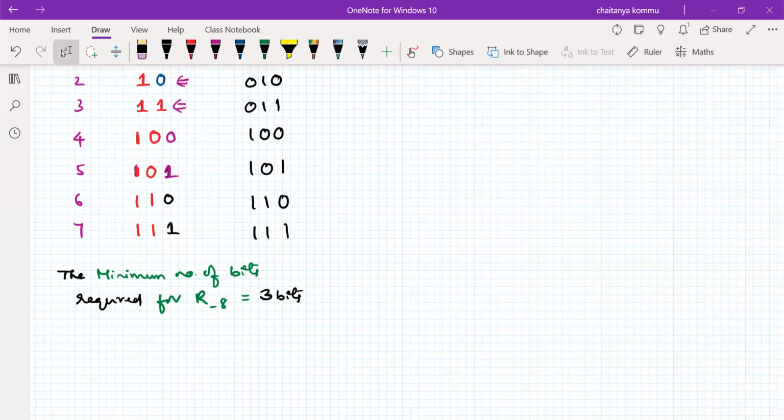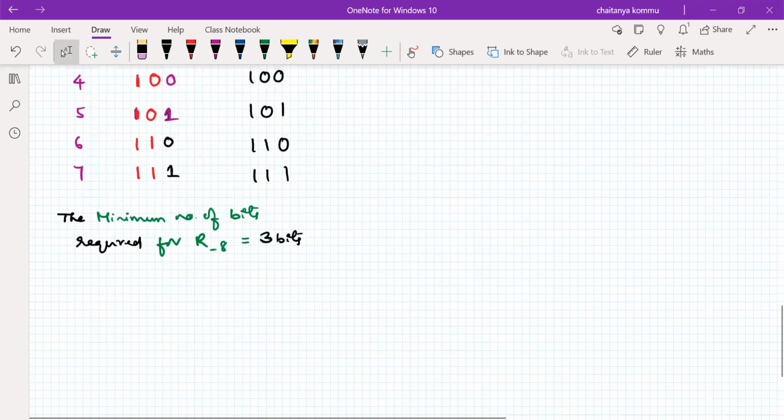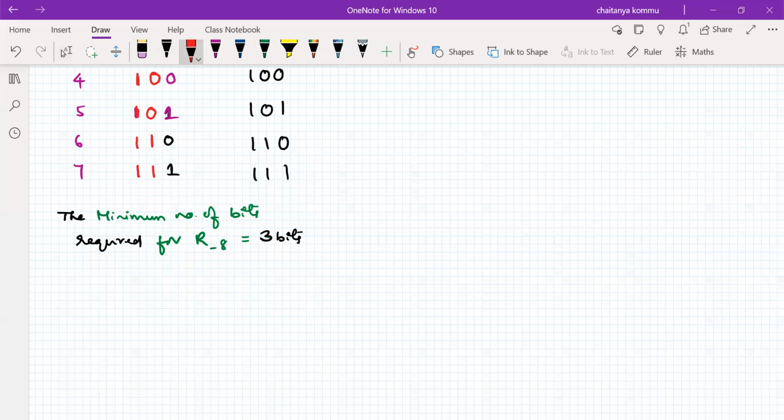Therefore, if you want to code any octal digit, minimum 3 bits are required. So it is called binary coded octal.